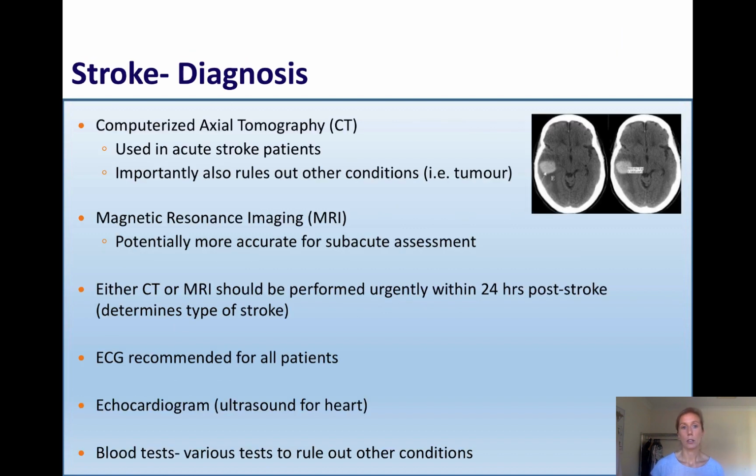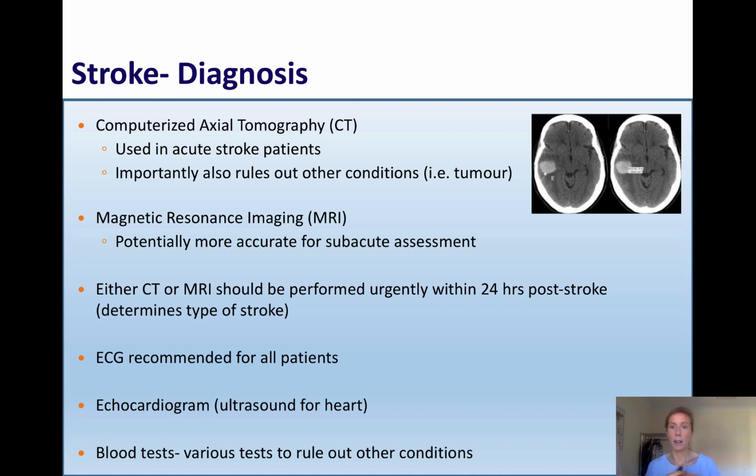So in terms of diagnosis, now obviously there's some quite sophisticated techniques involved. So CT scan, so computerized axial tomography. Now this is usually used in that acute period, and it's really important for trying to rule out other conditions. So for instance, if there's any kind of suspected tumour, your CT scan can usually do the job of saying yay or nay. We've then got our MRIs, which are potentially a little bit more accurate for subacute assessment.